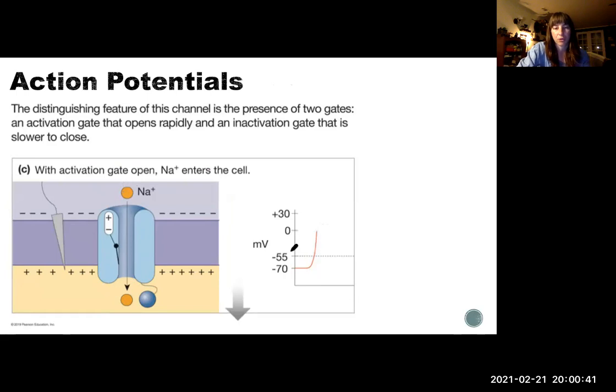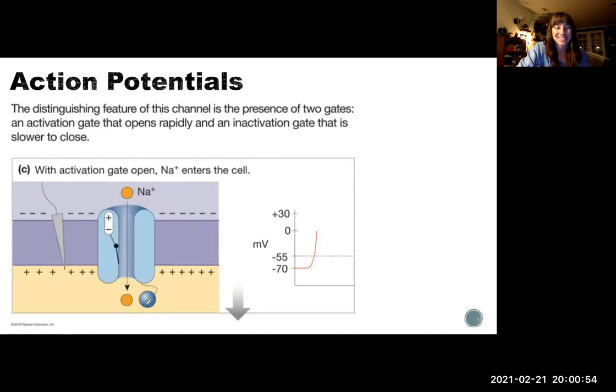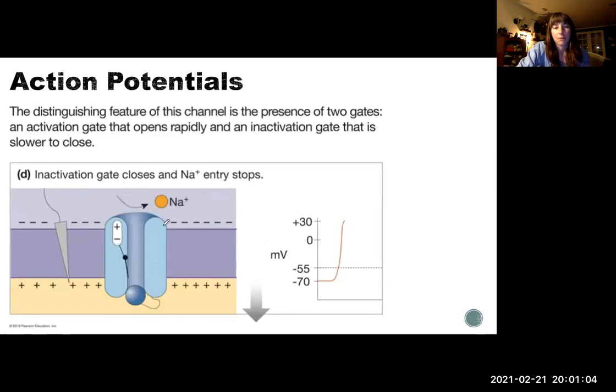Sodium is rushing through in this part of the signal, okay? Once the signal has passed, this gate, which is a slower secondary, what's called an inactivation gate, will close, meaning that sodium can no longer go in.